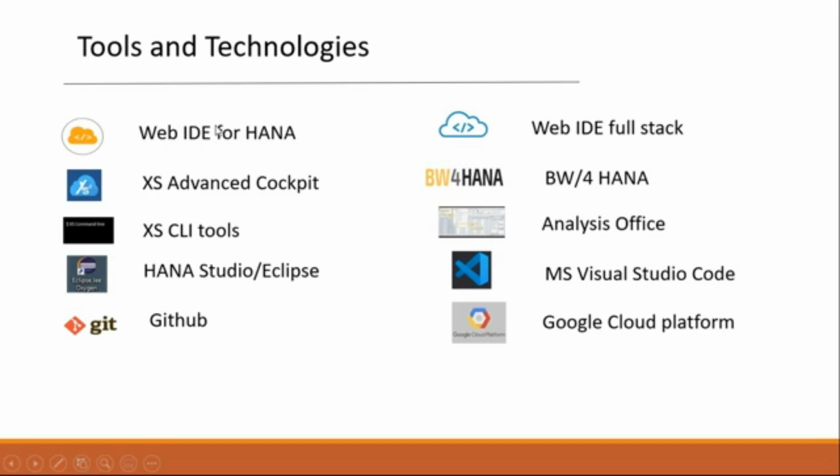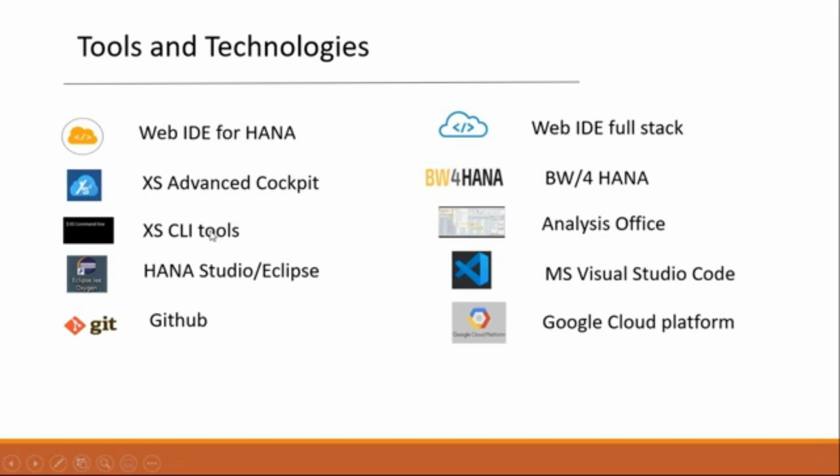Some of the activities to push, to deploy, to delete the services. Initially, Web IDE for HANA was not a mature tool. Even now, it's getting updated frequently by SAP. So some of the actions which cannot be done in Web IDE for HANA, I used to do in command line tools.